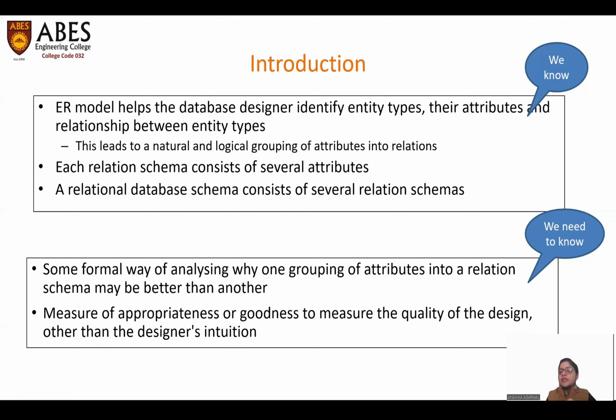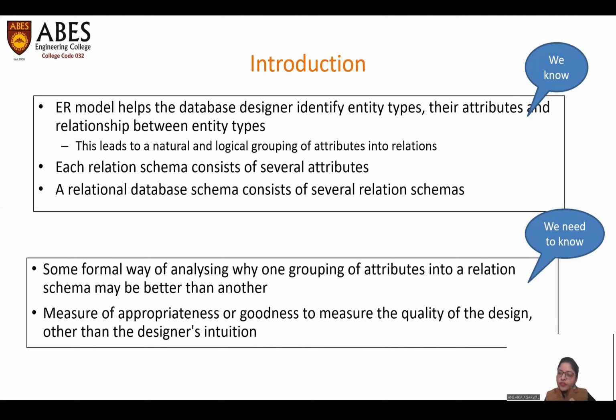What I am trying to say is, a single unit is an attribute. More than one related attributes will make a relation schema, and associated or relatable relational schemas will make a relational database schema.